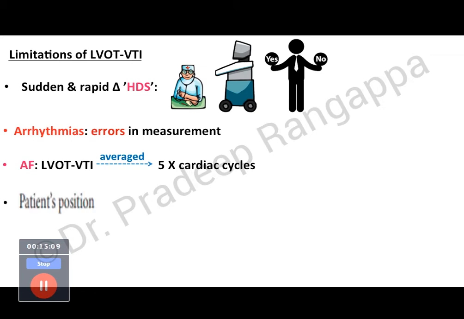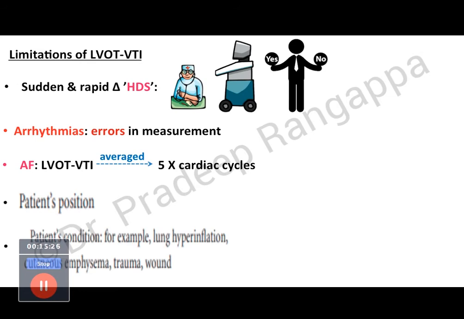And I think, friends, all of you understand that in the ICU, patient position is a huge problem. If you have a patient who is prone, you cannot do LVOT-VTI. Or if you have a patient with a huge surgery and multiple drains, you can have a lot of problems in doing an echo assessment and determining LVOT-VTI.